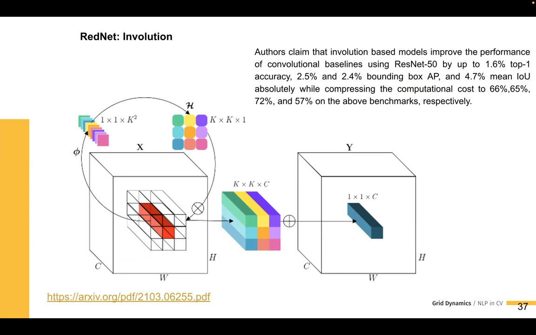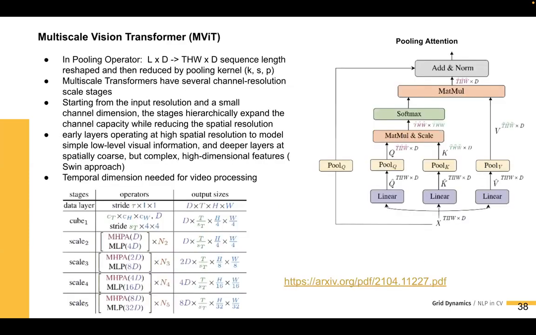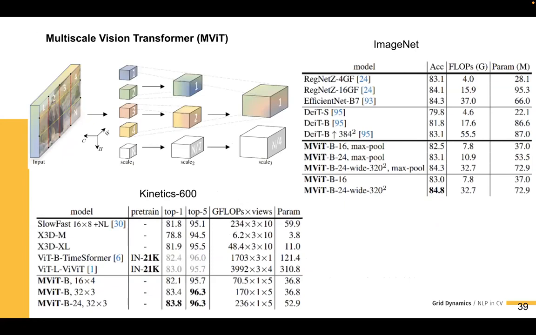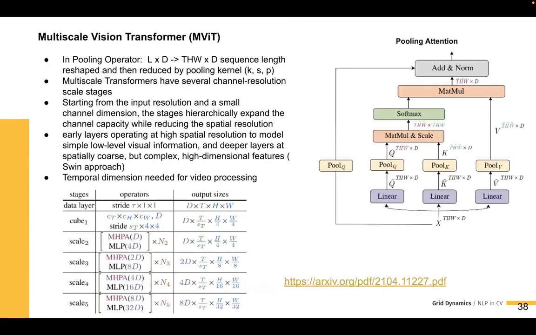It needs to be checked. And the last architecture for today is the multi-scale visual transformer. If you look at the output size, we have height, width, our dimension and T. It was for video information, but basically we can delete this T, the temporal dimension, and work just with ordinary pictures.